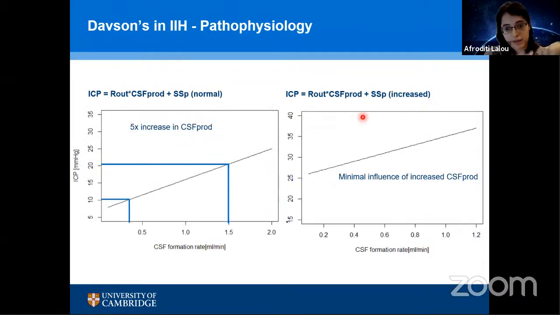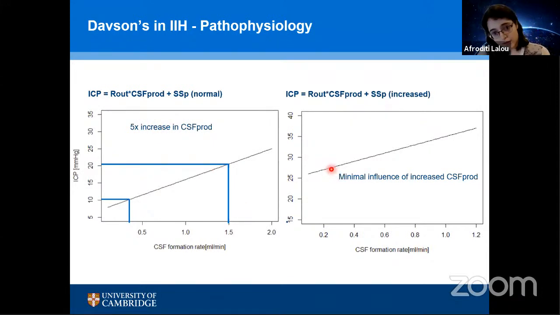Similarly, knowing that the sagittal sinus pressure is raised in IIH, an increase in the production of CSF, as sometimes has been hypothesized in IIH, would not explain this raised ICP. In different situations, for example different neonatal pathologies, a significant increase in CSF production would drive an increase in ICP.